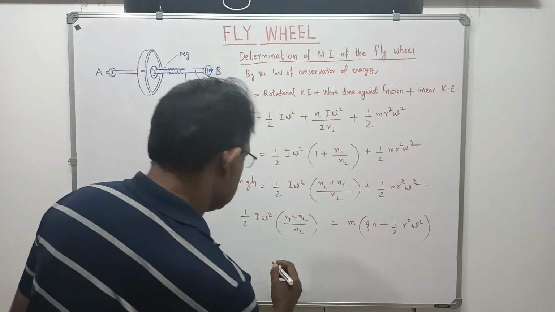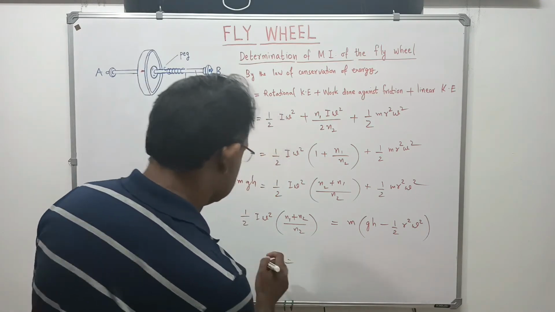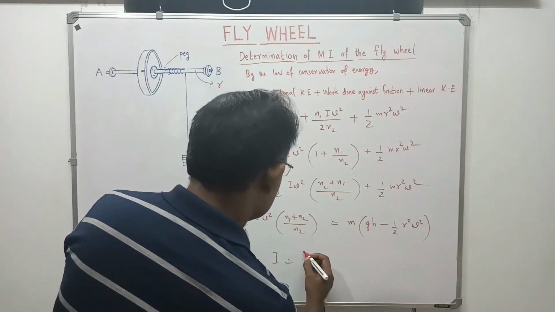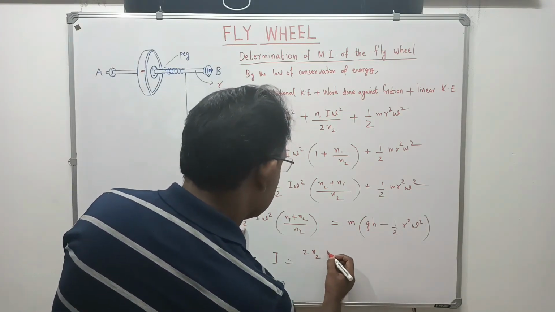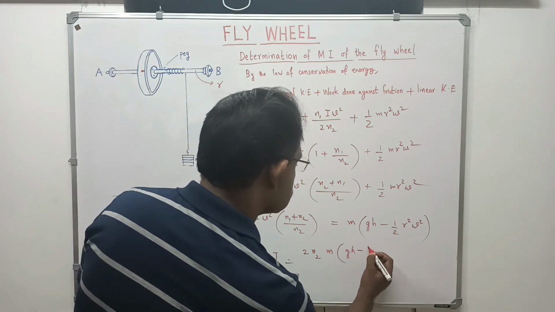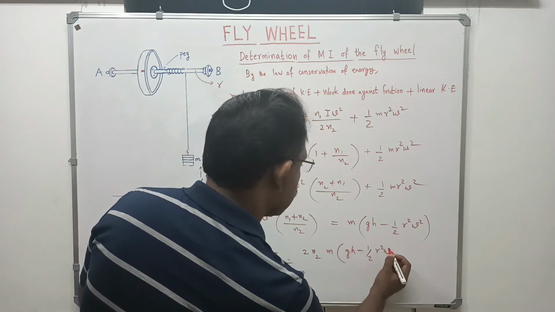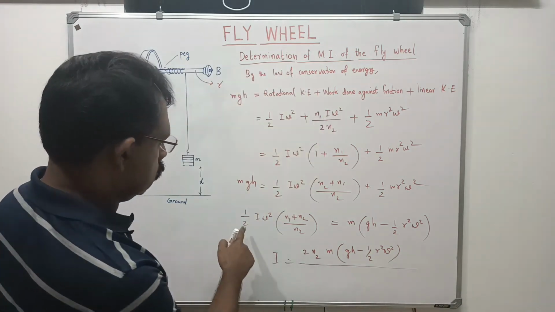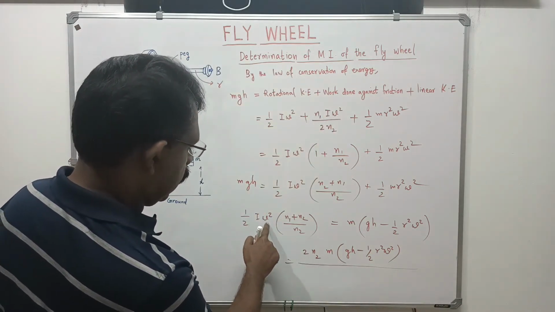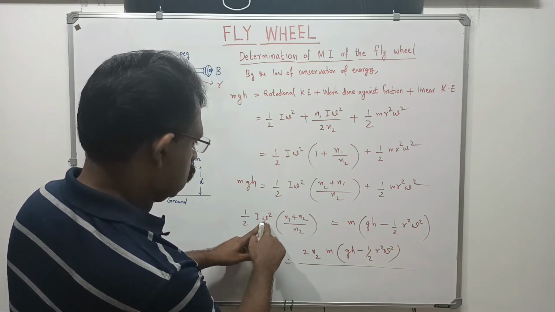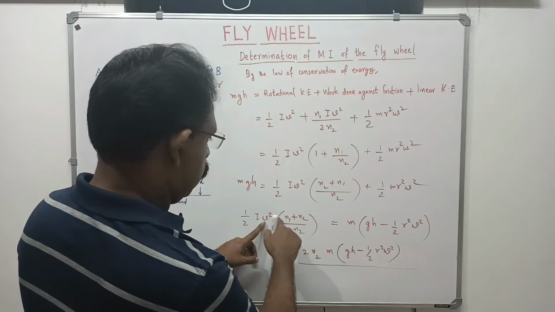So from this, I can be written as 2 n2 m into gh minus half r squared omega squared, divided by what comes with I, which is omega squared into n1 plus n2.